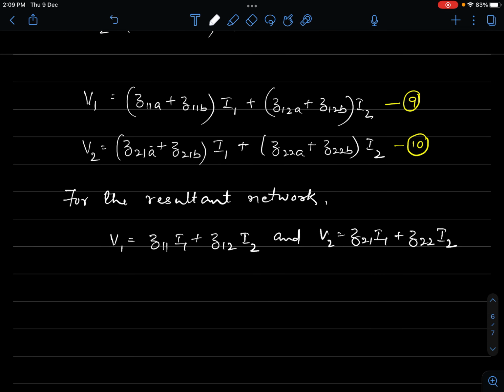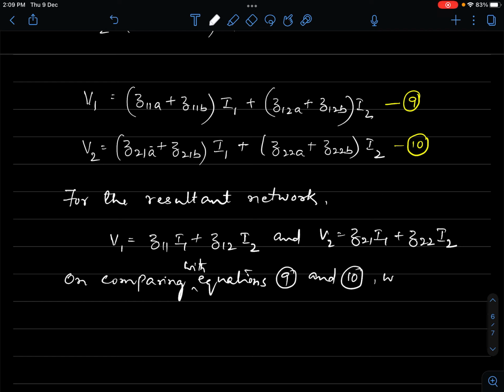So we will try to compare these two equations with equations 9 and 10. Okay, so on comparing equations with equations 9 and 10, what can we say?